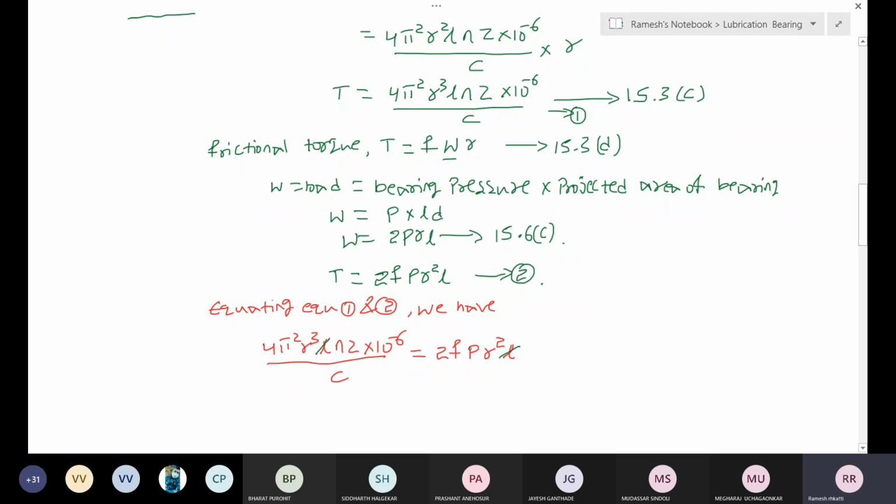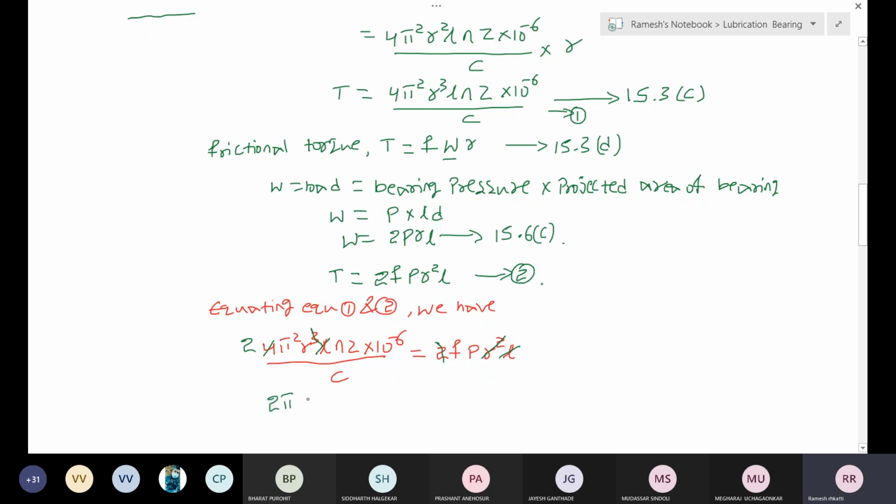L will get cancelled. R cube by R square, remaining is R. Two ones are 2, and 2 twos are 4.